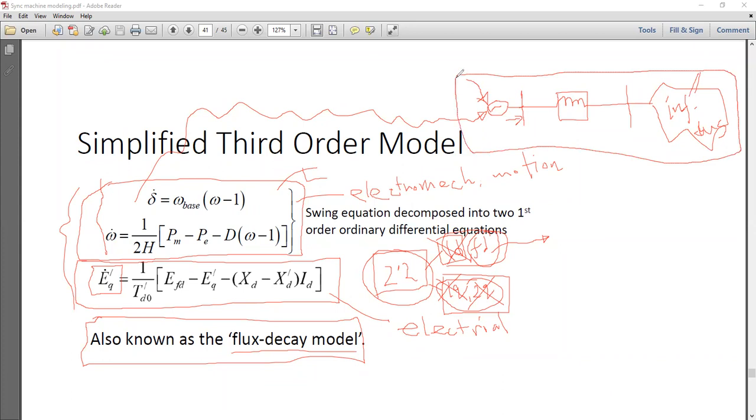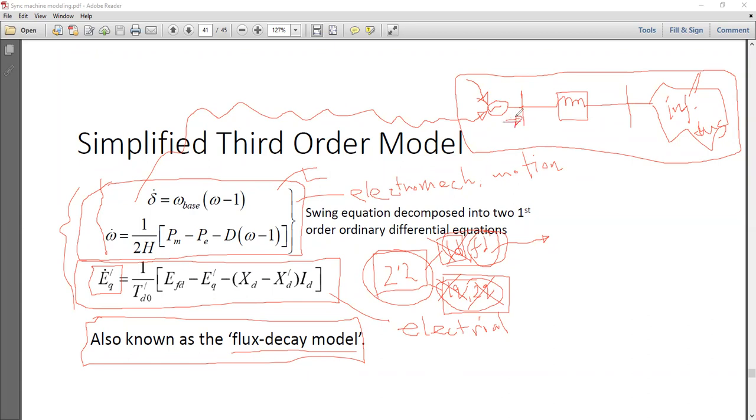And then only can we try to analyze stability phenomena, be it rotor angle stability, voltage stability, or frequency stability, and so on. However, the modeling associated with different sorts of stability varies a lot.